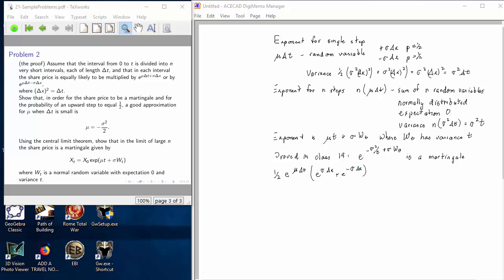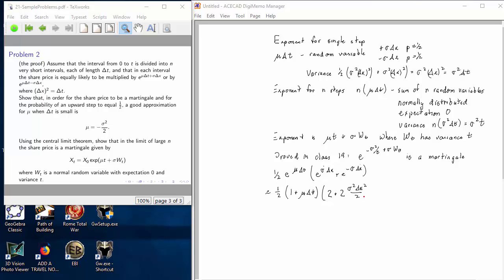Okay, that's going to be approximately, I'm doing a Taylor series, and I'm only going to keep terms up through delta t. So I've got 1 plus mu delta t times, now I've got these two terms, and the terms involving delta x are going to cancel out. So I will get 2 plus 2 times sigma squared delta x squared over 2.